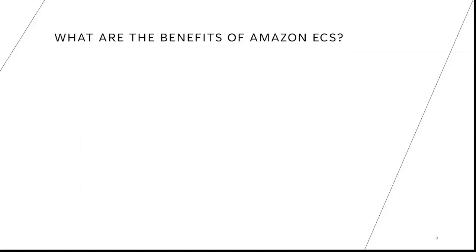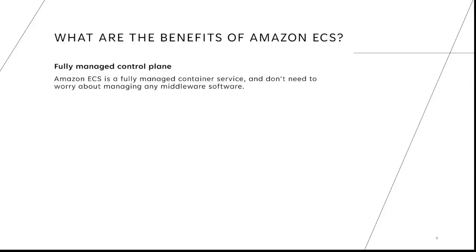Okay, so let's jump into the benefits of Amazon ECS. The key benefits are, first, a fully managed control plane. Since this is a fully managed service, there is no infrastructure management; AWS handles the cluster provisioning. And we have Fargate serverless.